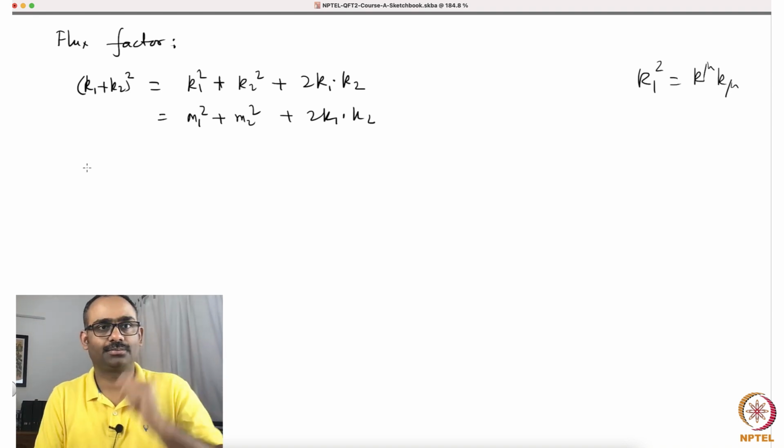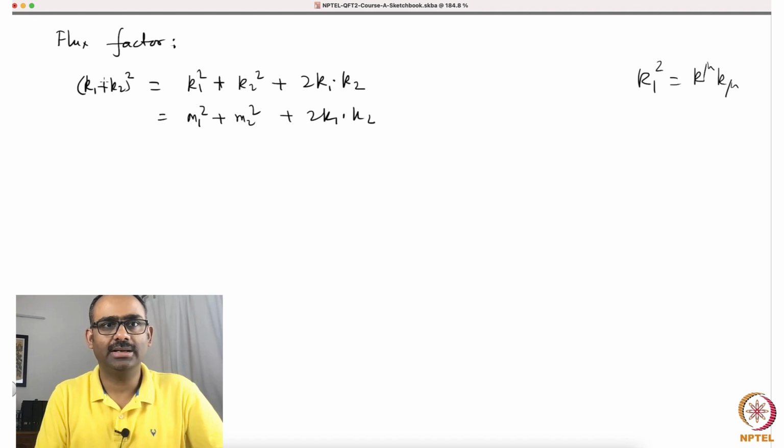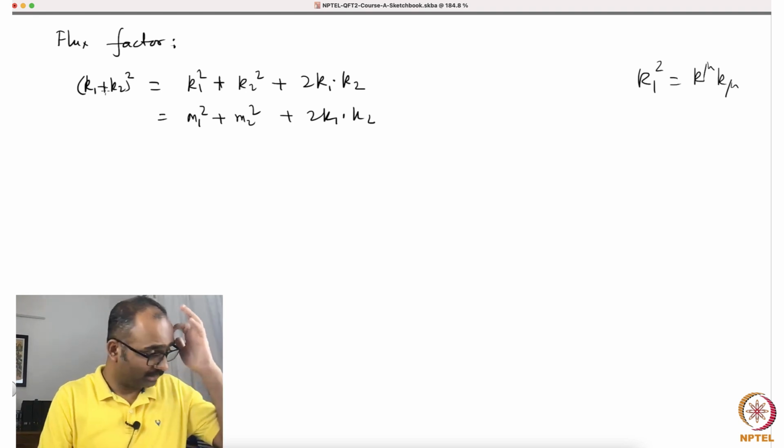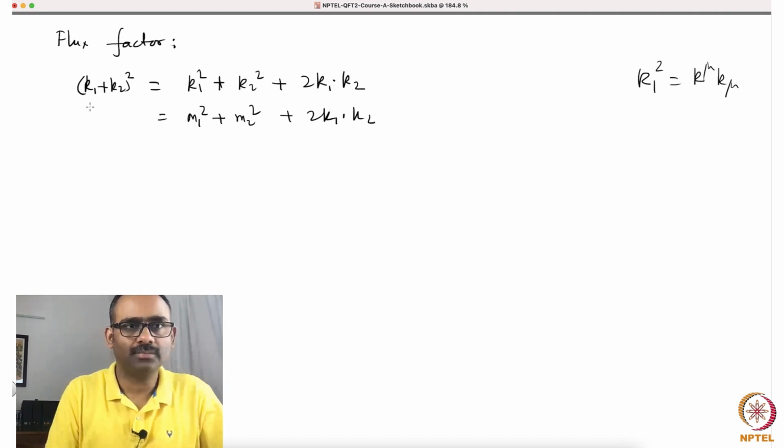We are in the center of mass frame, k1 plus k2 equal to 0, so the spatial components of this sum are 0 and only temporal components are there. That is what I am going to use now. And this is just omega center of mass squared.